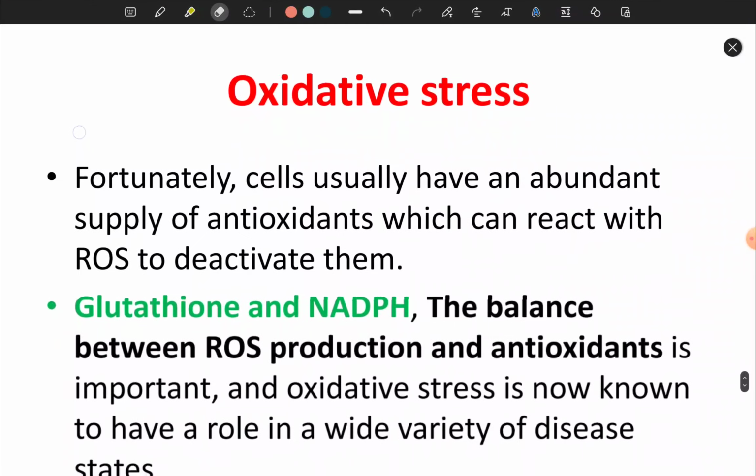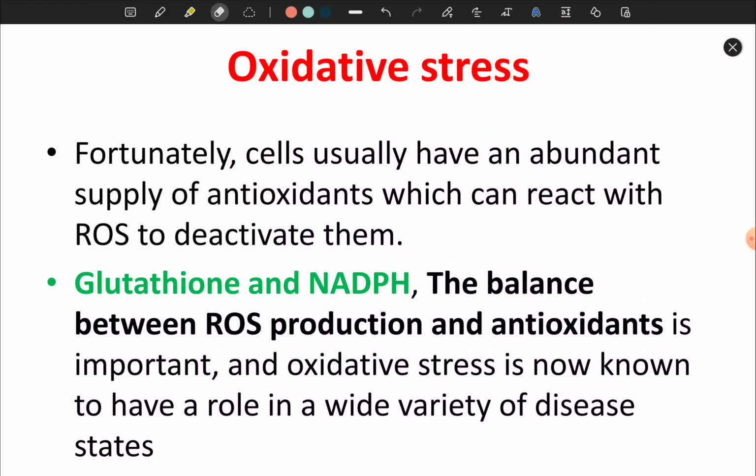Reduced glutathione, and where do the electrons come from? Anyone who wants to participate? What's the most important antioxidant? Yes, NADPH. We said NADPH is an electron donor. It gives to reduced glutathione, and in red blood cells NADPH is a major source as an important antioxidant to get rid of these oxidative stresses.